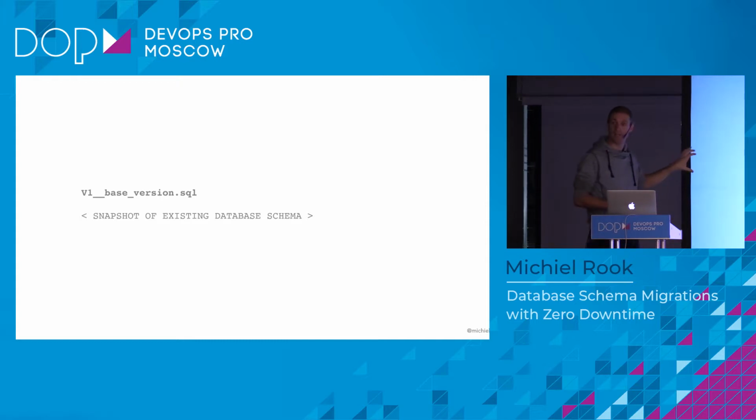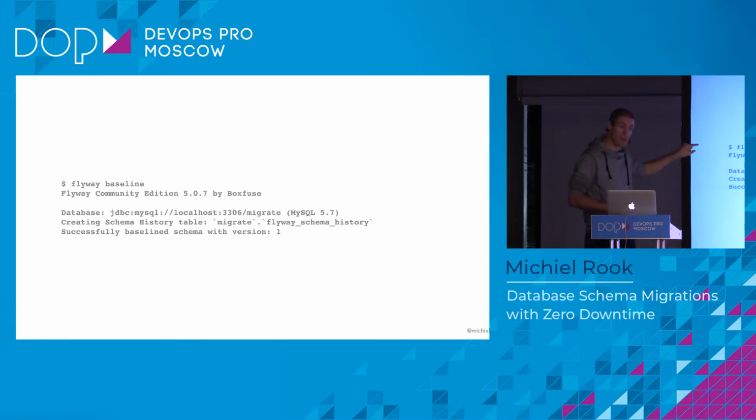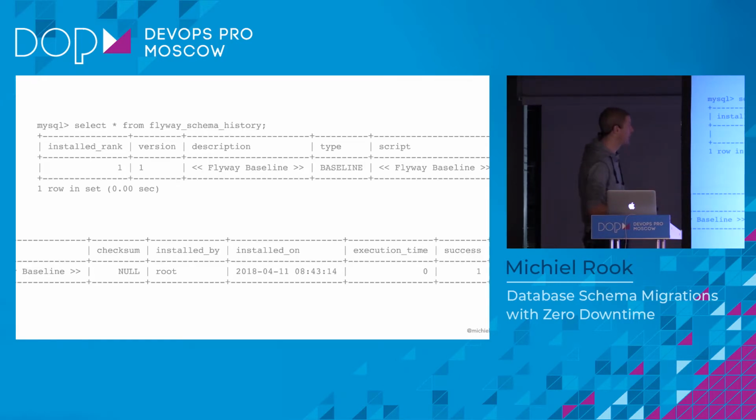So we only have to say to Flyway, okay, this is our baseline, and don't actually execute this migration, but consider this to bring the schema to where it is now. So it's as if we executed that migration, even though we really haven't. But now Flyway knows the database is in a state where I know it to be in. And from that point on, we can add new migrations.